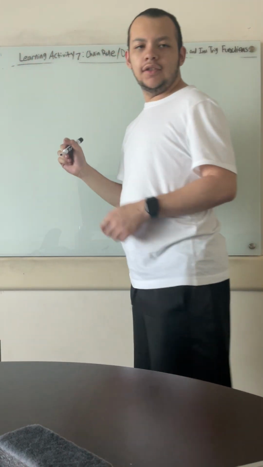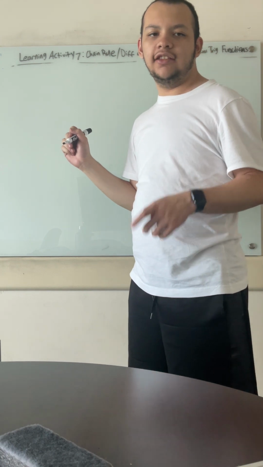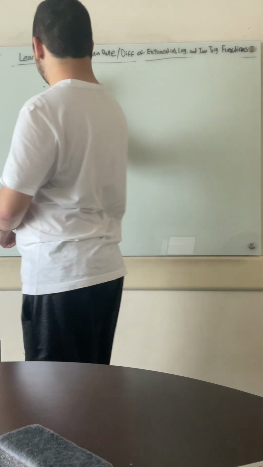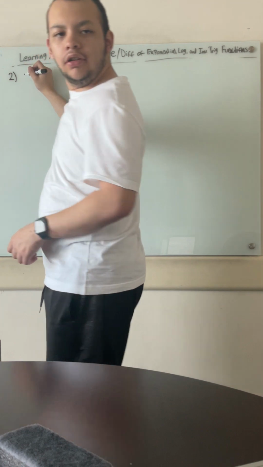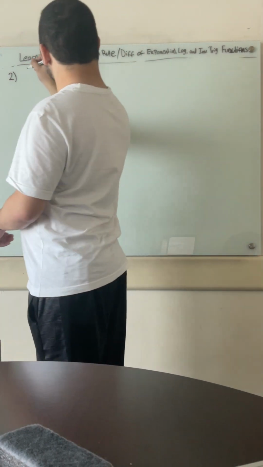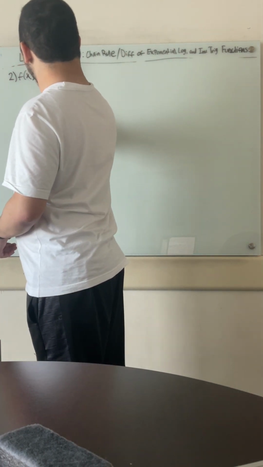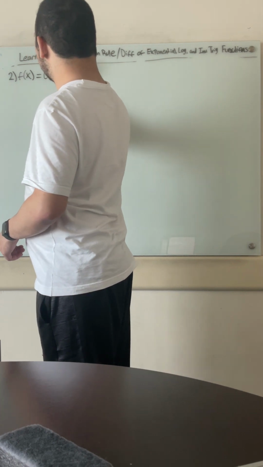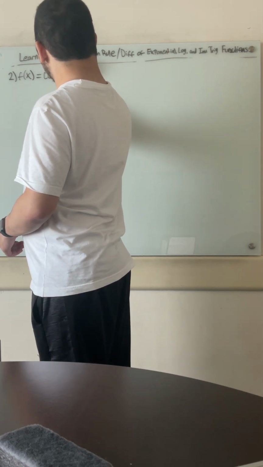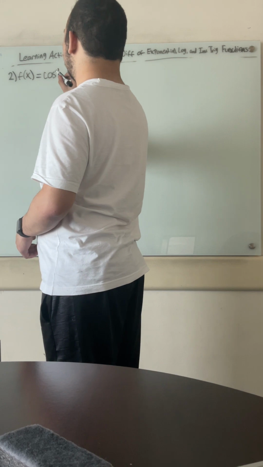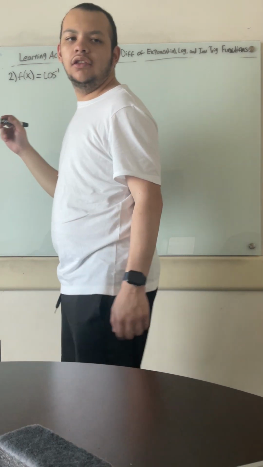All right. So for number 2, we're being asked to find the derivative of this function, which is f of x equals arc cosine. Notice that this notation means arc cosine or inverse cosine.